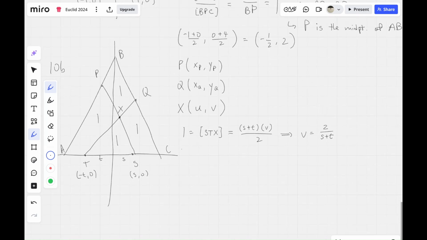We also have that 2 is equal to the area of APS, since it's consisting of this one and this one added together.